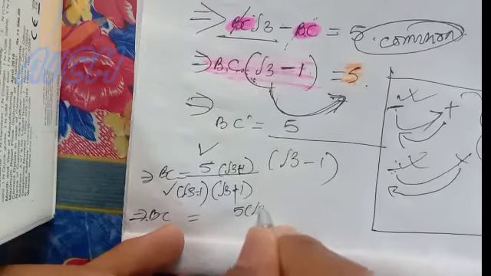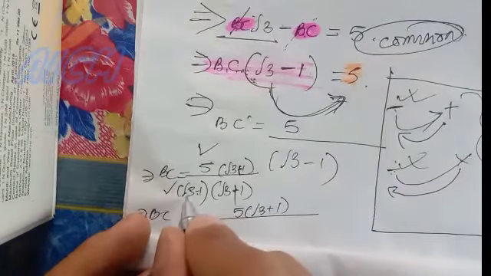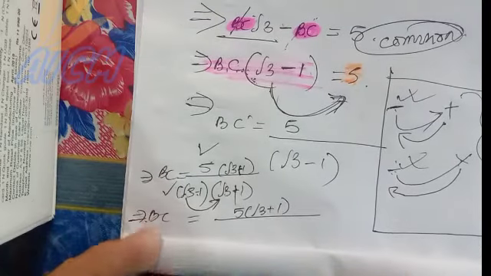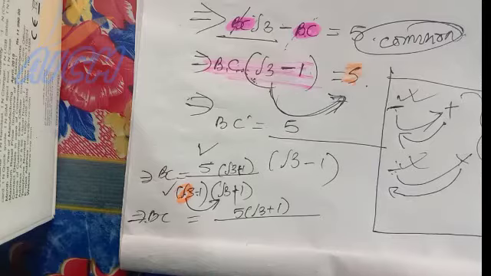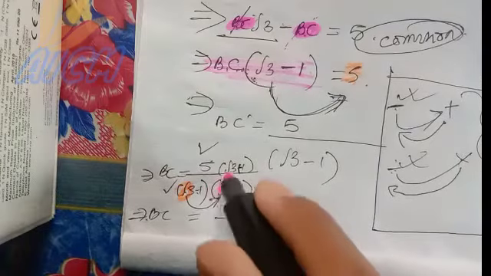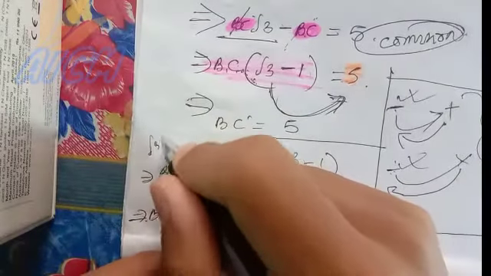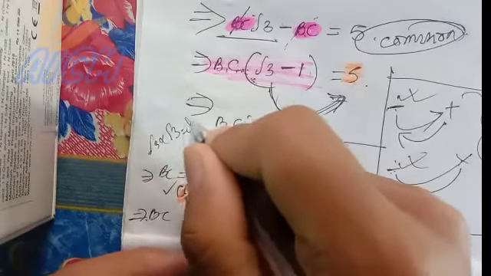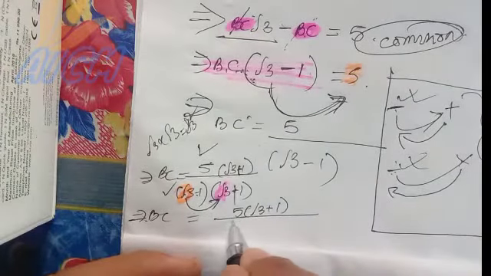Okay, 5 into root 3 plus 1, let us keep as it is, and let us multiply root 3 into root 3. For your better understanding, root 3 into root 3. Now let us multiply. Root 3 into root 3 is root 3 whole square, and if we cut the square and the square root, then we have 3.